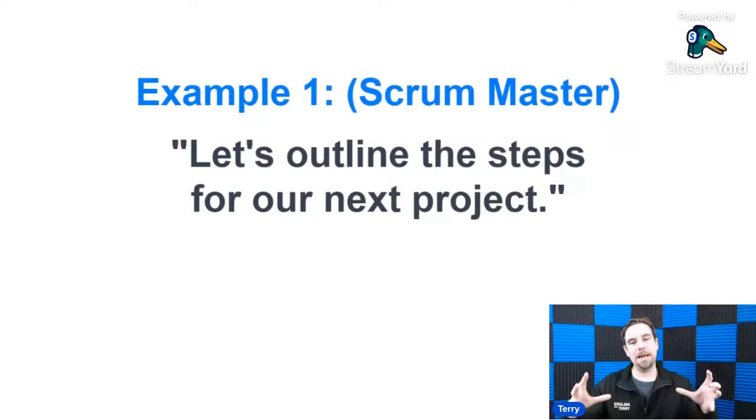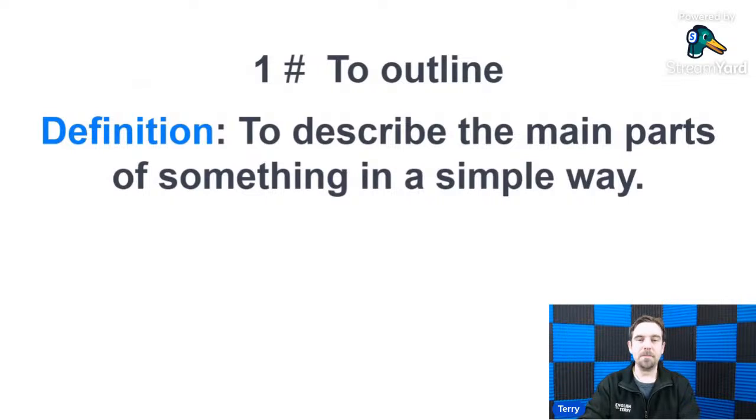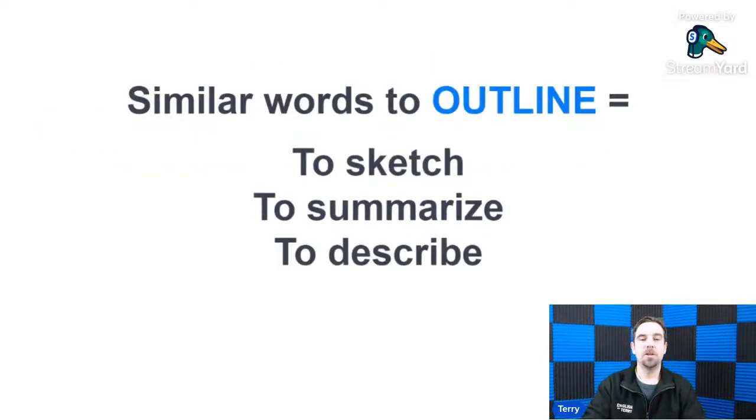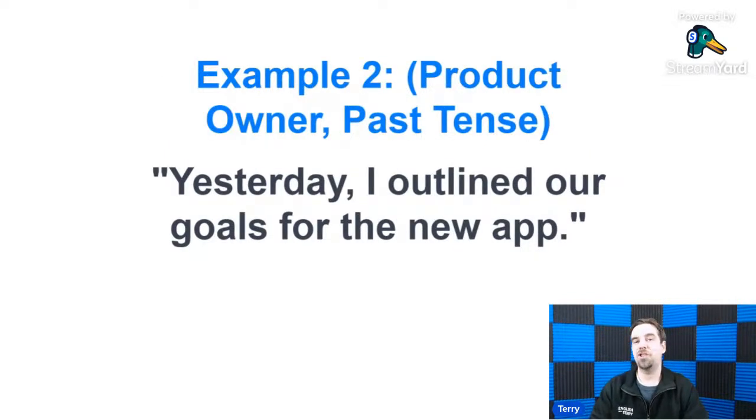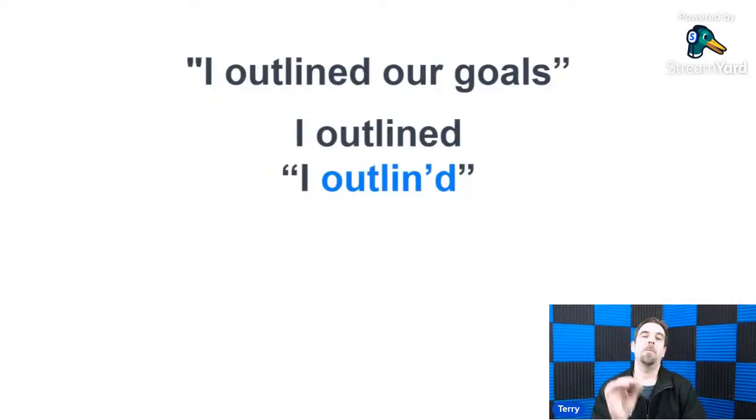So to outline is the same idea again, to describe the main parts in a simple way. So to outline the steps for the next project, example from a Scrum Master, or yesterday I outlined our goals for the new app. So again, I explained step by step our goals for the new app. Now, pay attention to the pronunciation in the past tense.